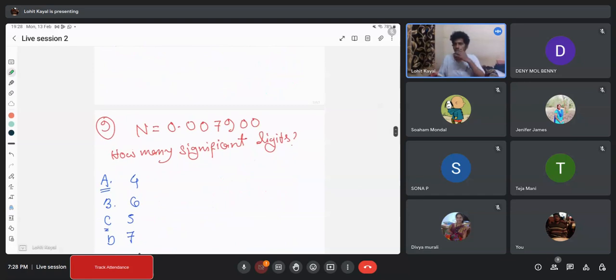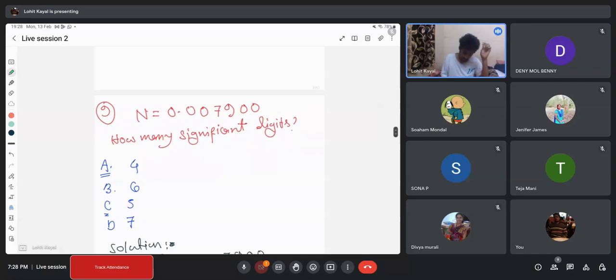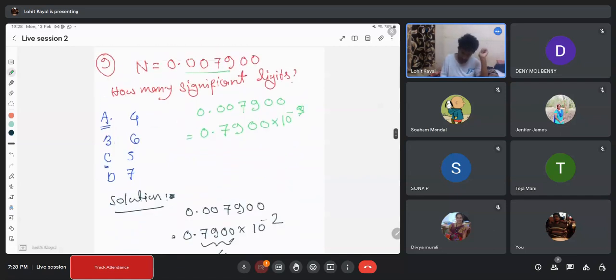Okay, now answer this. How many significant digits? Four, sir. We have 4 significant digits. Now here, how we can write it? 0.007900 is equal to 0.7900 into 10 to the power minus 3. Sorry, 10 to the power minus 2.